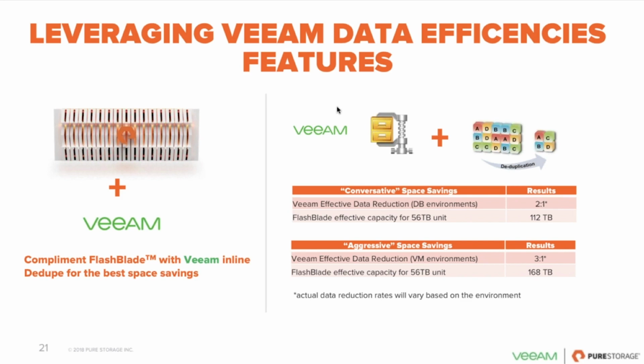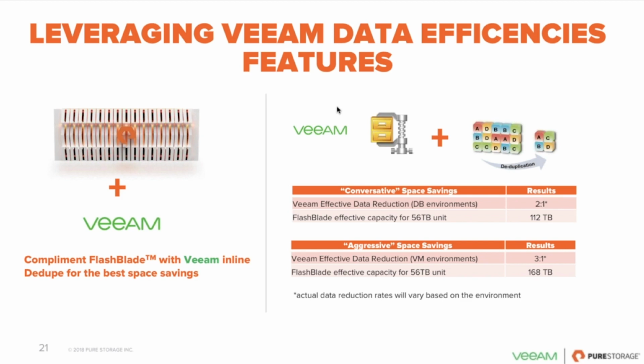There's a couple of use cases where you can see a conservative case of 2 to 1, and then a more aggressive rate of deduplication. But I think most of you know that with deduplication, mileage tends to vary quite a lot on the kind of data that you're protecting. We all know that all data isn't equal, and some data deduplicates better than other data sets.